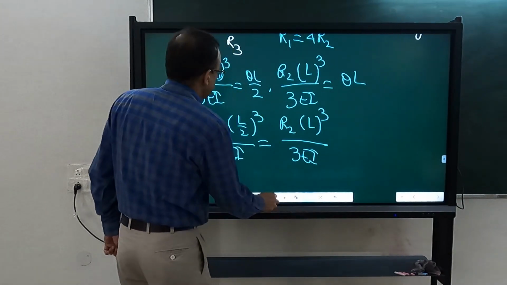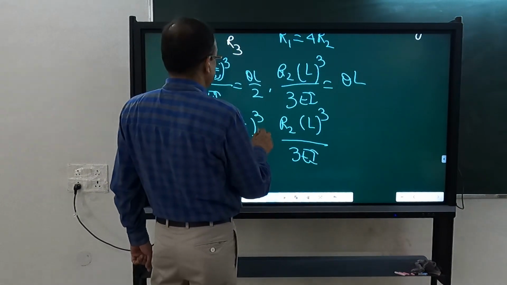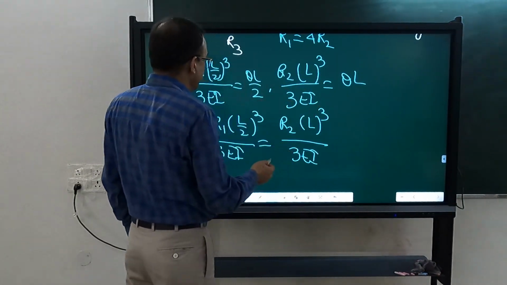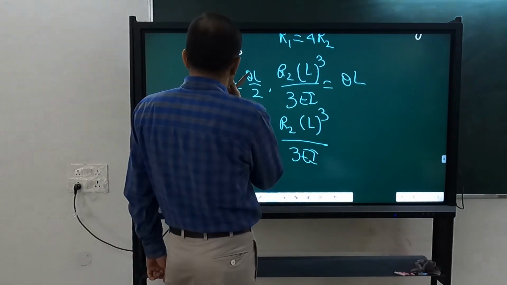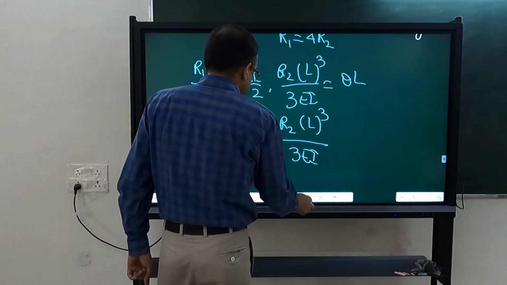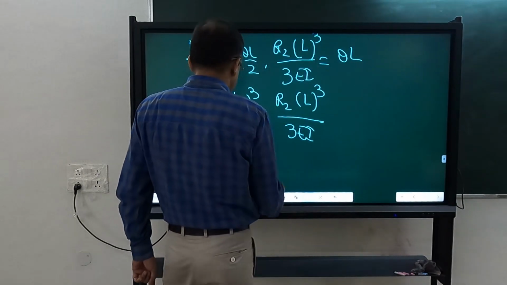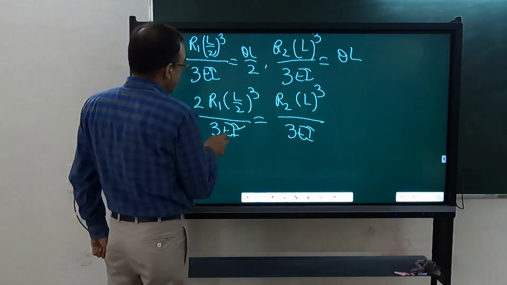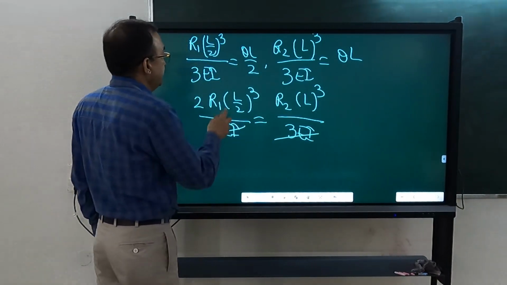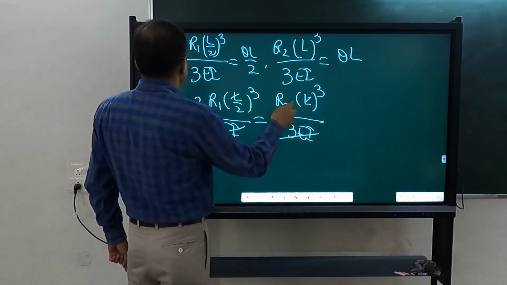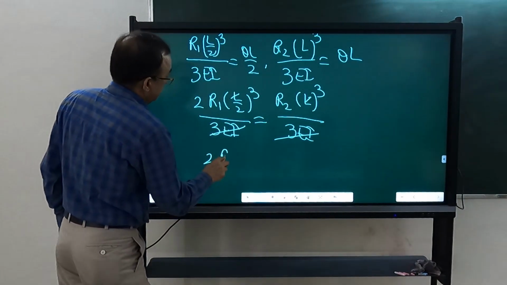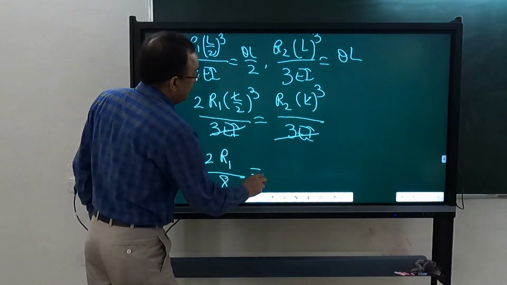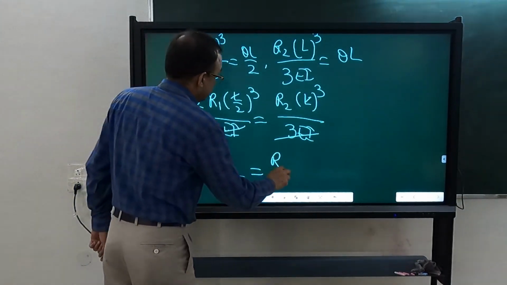Sorry, L square, not cube. No, L cube. We have equated displacement now. Okay, so 3EI cancels with 3EI, L cancels with L, so 2 R1 by 8 is equal to R2.